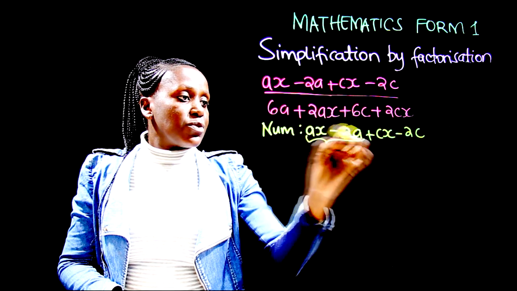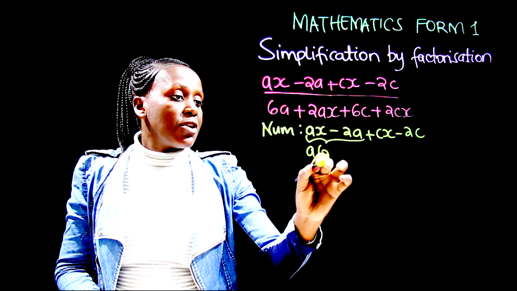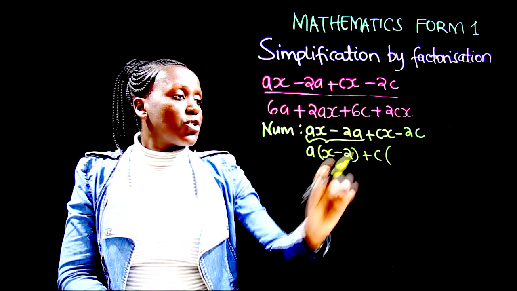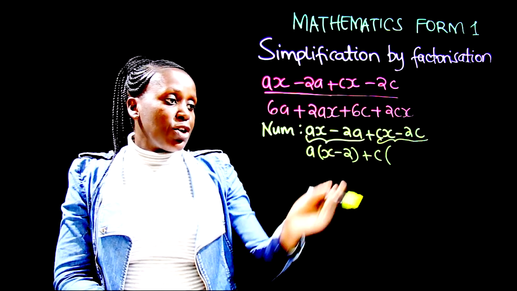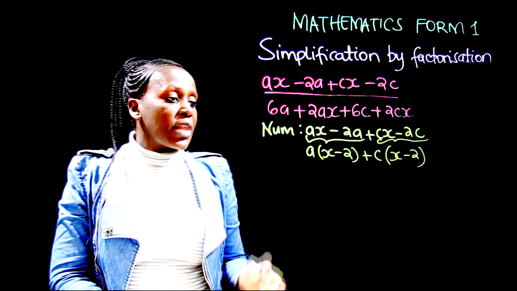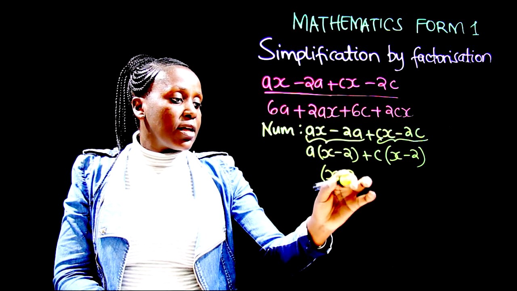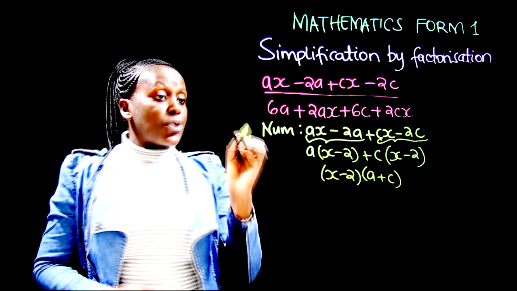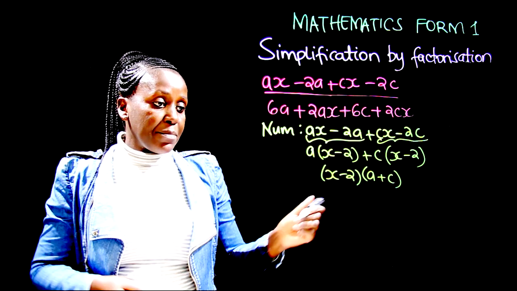Looking at these two, we are going to factor out a. So factoring out a, we have x minus 2, then plus c into, so here we have cx and 2c, and c is common. So we factor out c, and then we'll have x minus 2. Now since these two are the same, we will combine into 1, then multiply by the multipliers a plus c. So we have factorized the numerator. Now we are going to factorize the denominator.